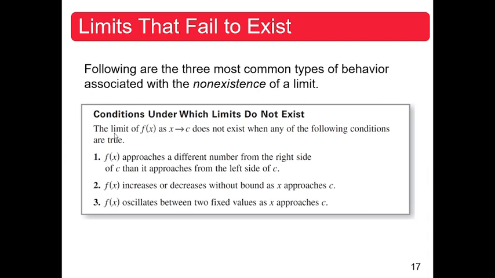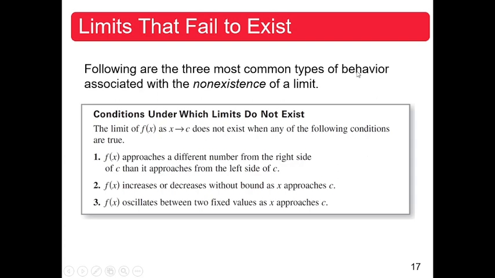Alright, so if a function approaches a different number from the right side, like what we had last time with this slide, from the left side and right side of zero, we have separate values.